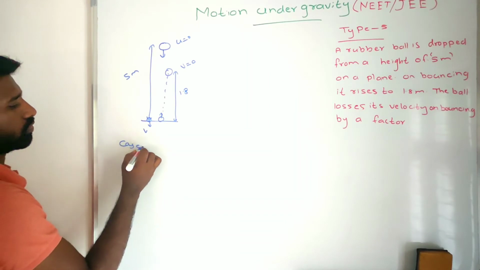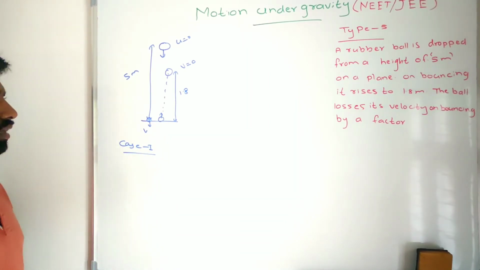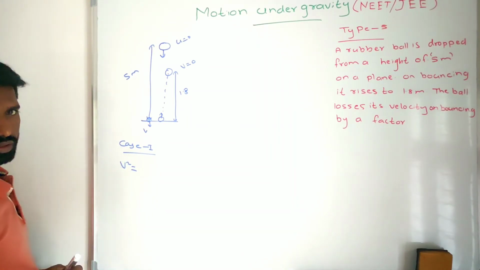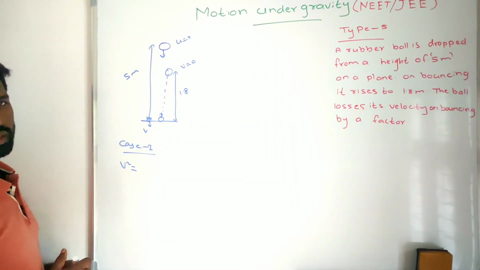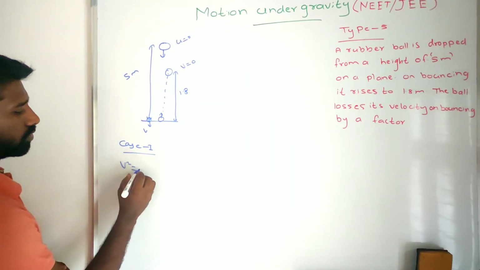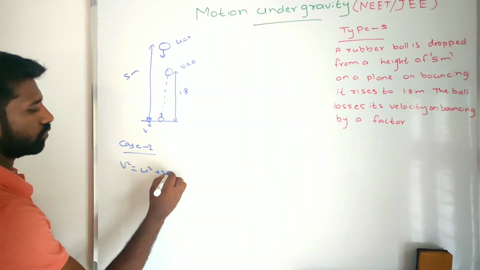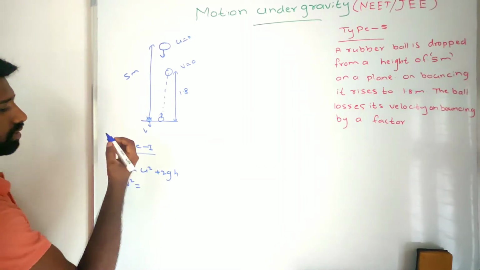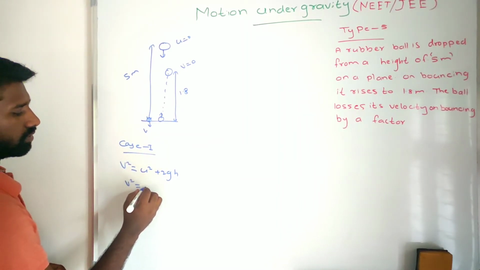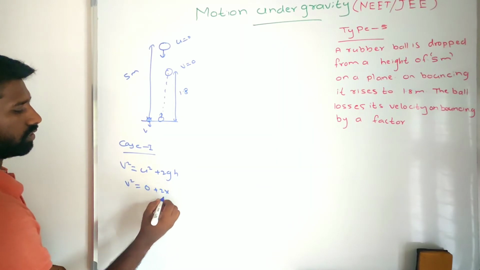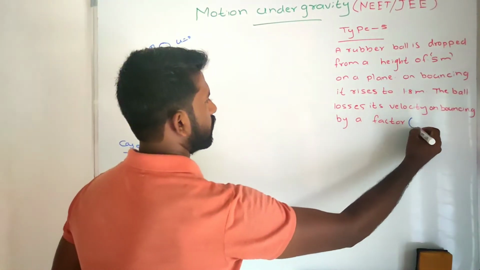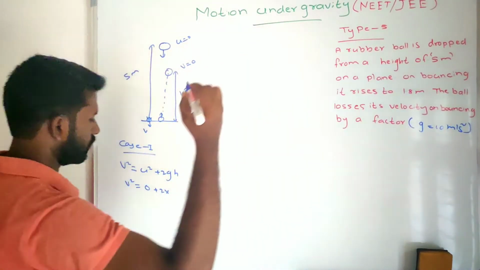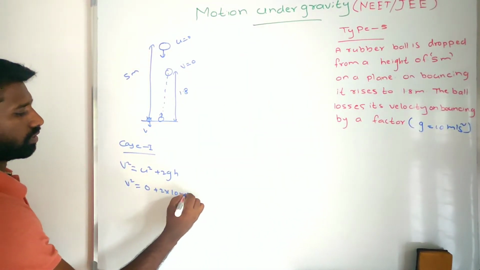Taking the case 1, what about the case 1? Case 1 is the downward motion I am taking, that is motion under gravity. So with what velocity it will strike the ground, I am going to find. That is v square is equal to u square plus 2gh. u is 0 plus 2 into g, here we can take g as 10 meter per second square, 10 into h, which is 5.